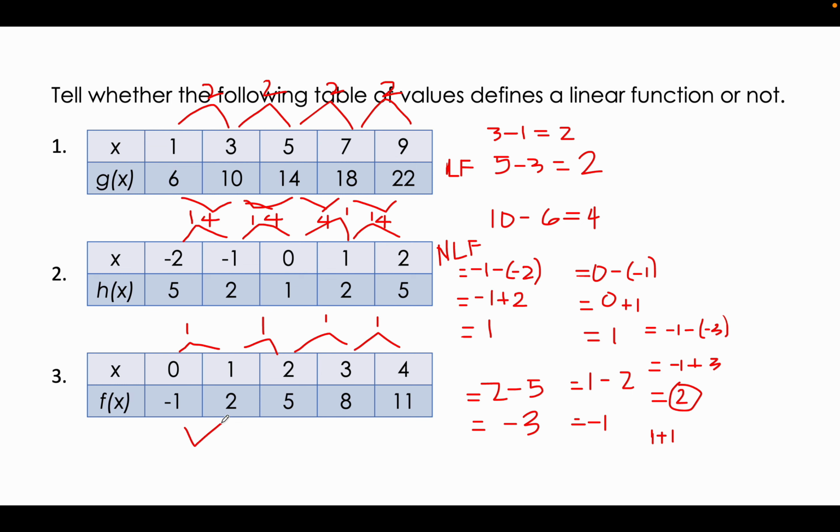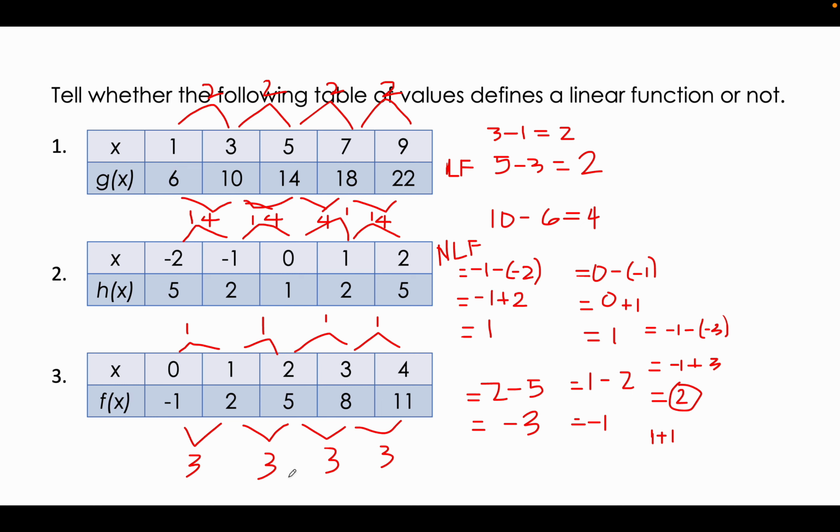Then, how about sa y? 2 minus negative 1. That means 2 plus 1, we have 3. And then, hindi ko na isa-show yung computation, 5 minus 2, we have 3. 8 minus 5, we have 3. 11 minus 8, we have 3. So, x values have a common difference of 1.